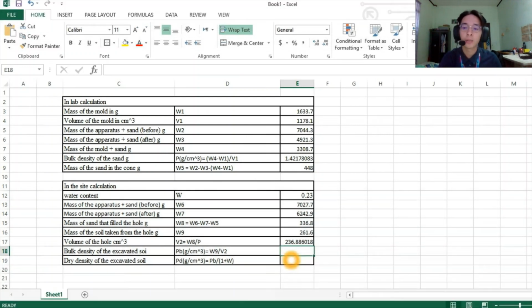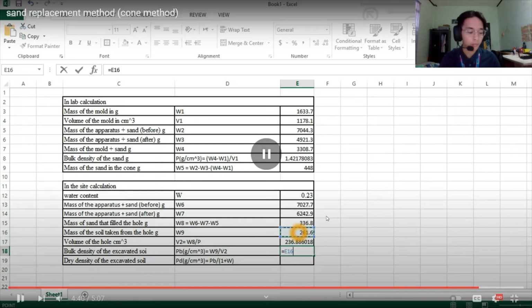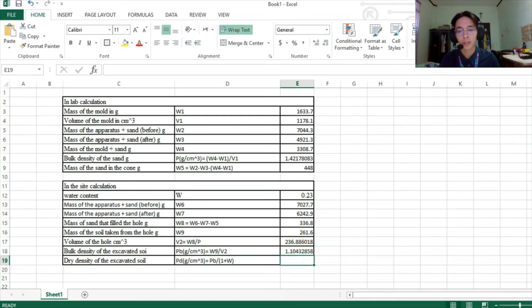So we need the bulk density of the excavated soil. So we press equal, and then the weight of the soil, which is 261.6, divided by volume. So that's the answer. And then lastly, we need the dry density of the excavated soil.